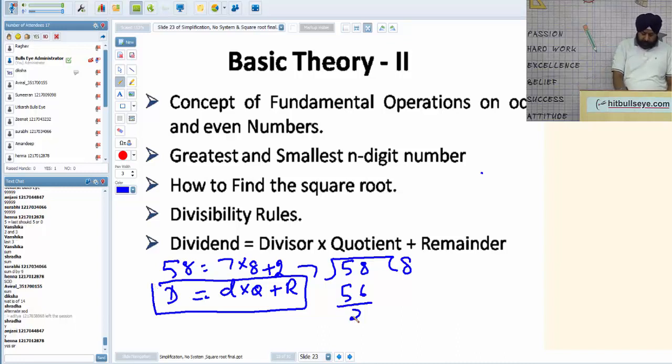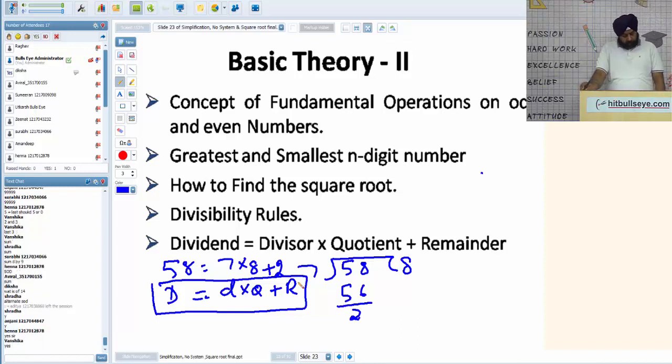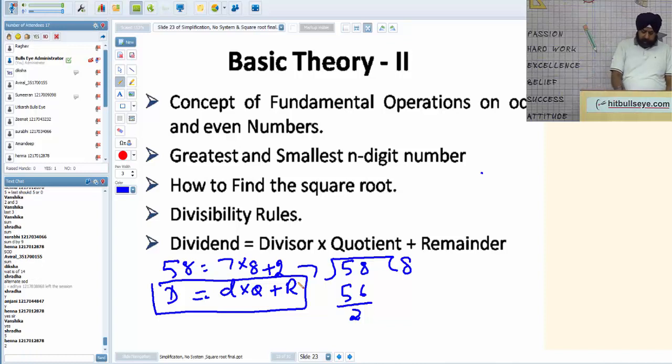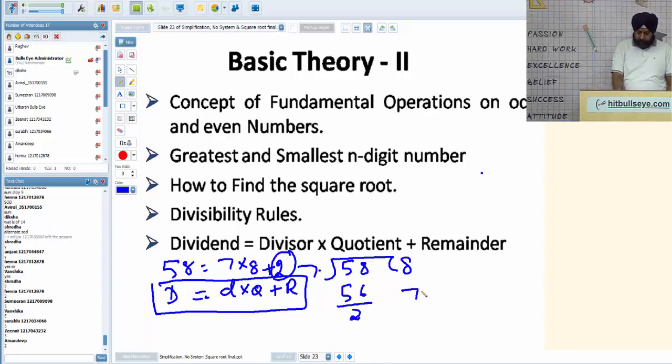If we subtract the remainder, then the number is divisible. My question is, what should be added to 58 so that it is divisible by 7? 7 nines are 63, so it is 7 minus 2. 7 eights are 56. To reach the next multiple of 7, we need 7 minus 2, so it's 5.